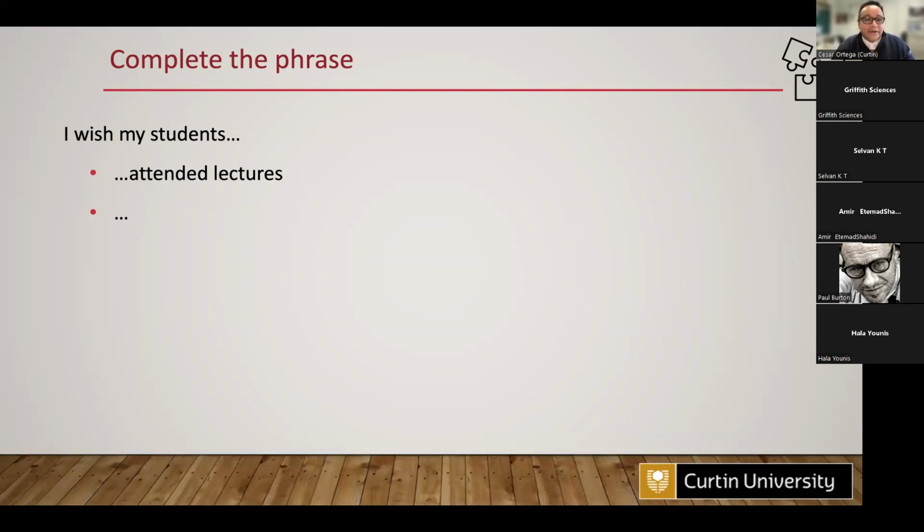If we were face to face, I would probably ask you to complete this phrase now: I wish my students, right? I have done this in workshops and conferences and with my colleagues here at Curtin. And everybody has some way to complete this phrase.